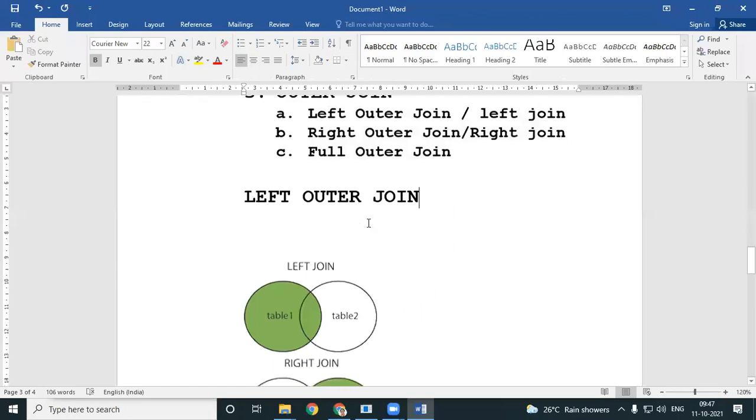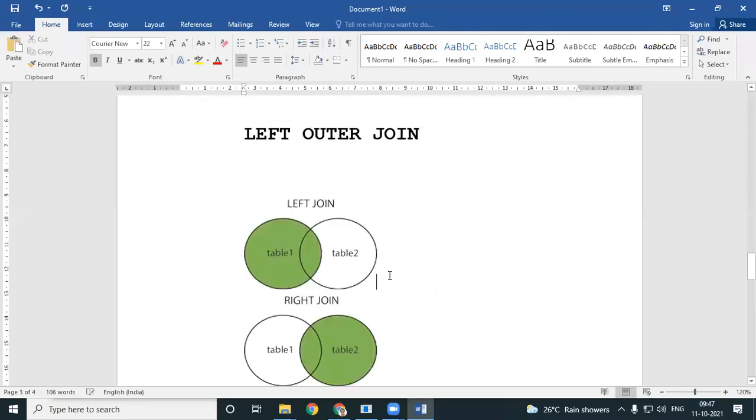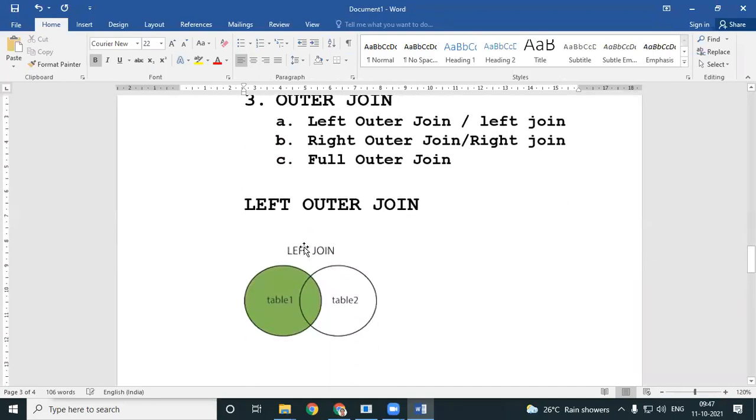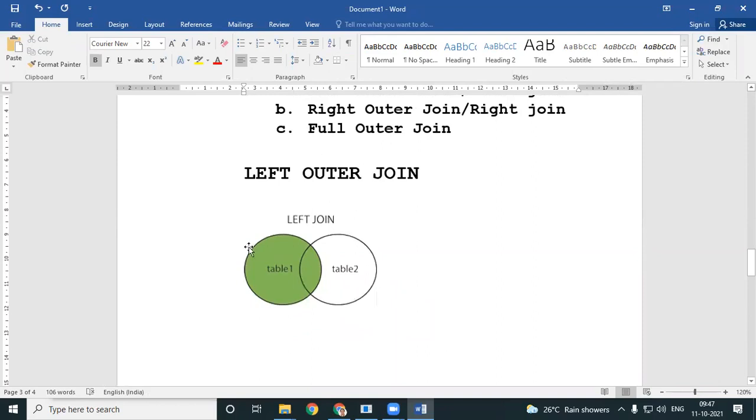Okay, left outer join, as I also told you, is even known as left join. You can simply write in your query left outer join or left join. Now, if you look at the picture, I have two tables, table 1 and table 2.